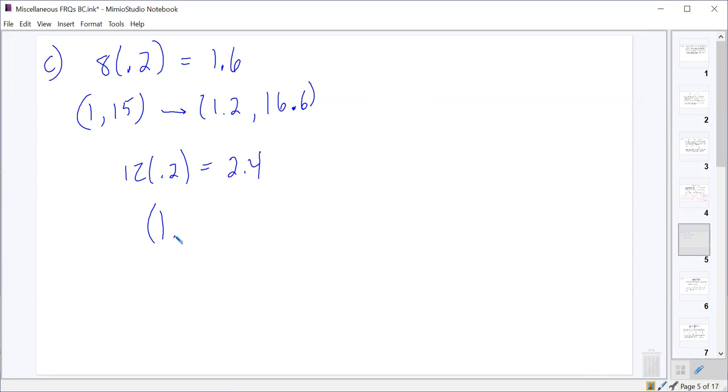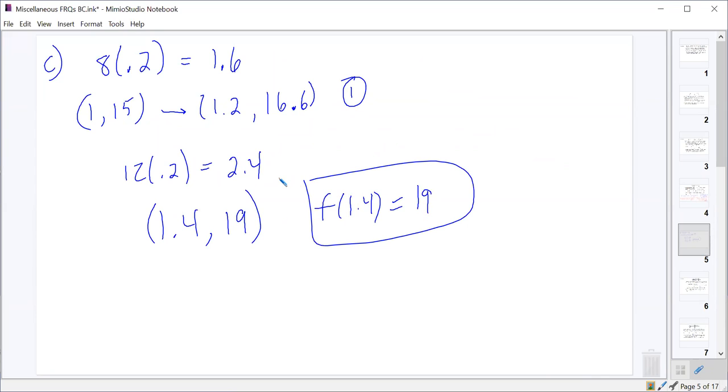And so we should go up to the point at 1.4. And what does that come out to be? 19, it looks like. And so 19 is our approximation for f of 1.4. So that was worth 2 points, 1 for correctly using Euler's method and 1 for saying that f of 1.4 was 19. Good or no?